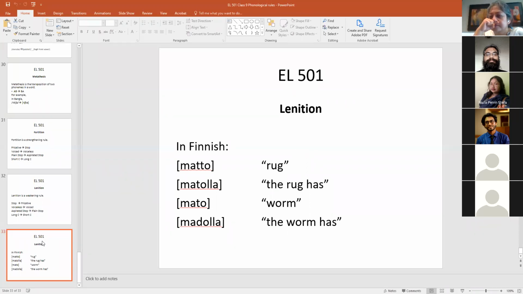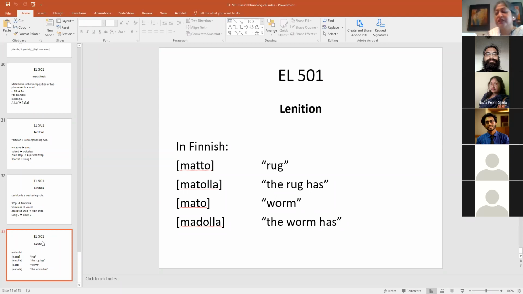Lenition. No. If a voiceless sound becomes a voiced sound, that is lenition. But if a voiced sound becomes a voiceless sound, that is fortition. So in cats, the type of assimilation that is happening is a fortition rule, a strengthening rule.